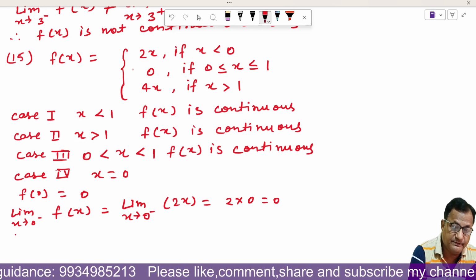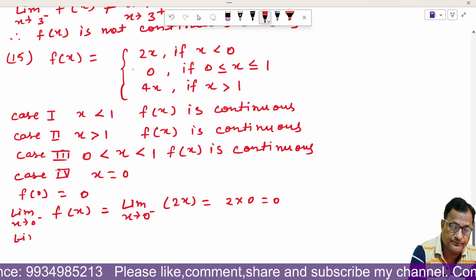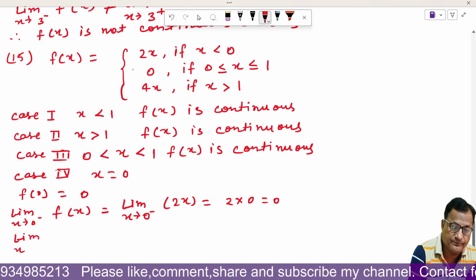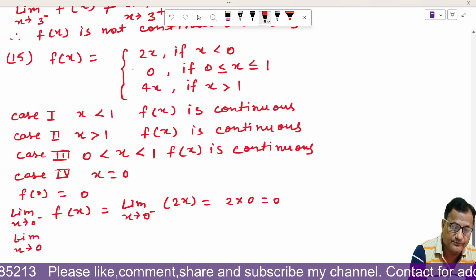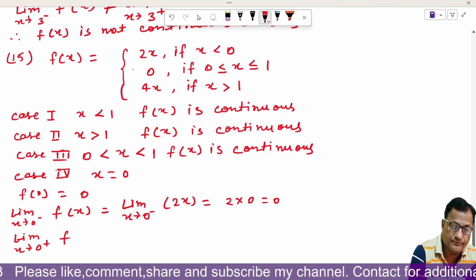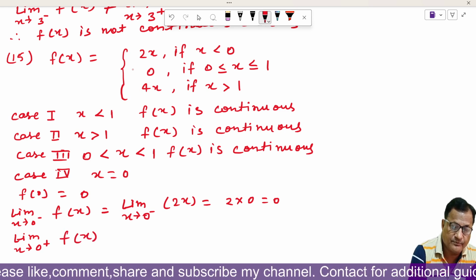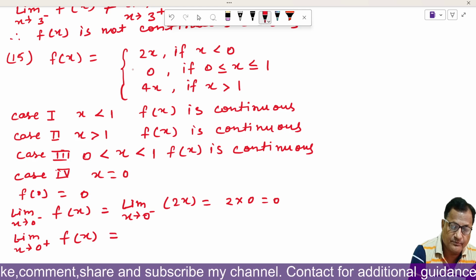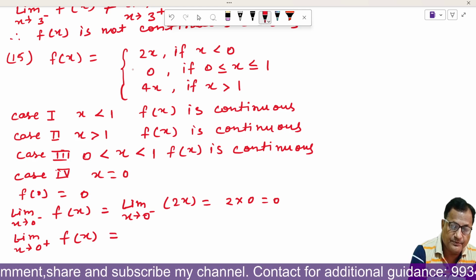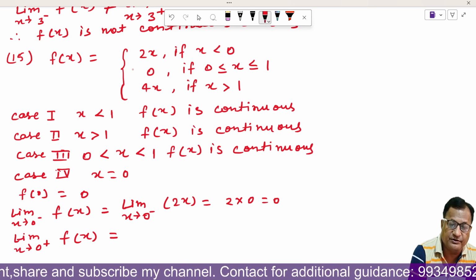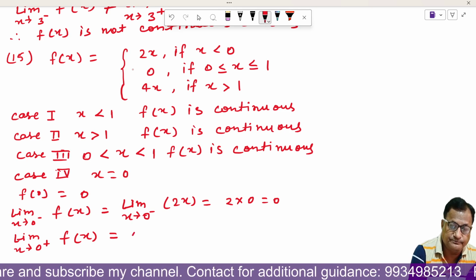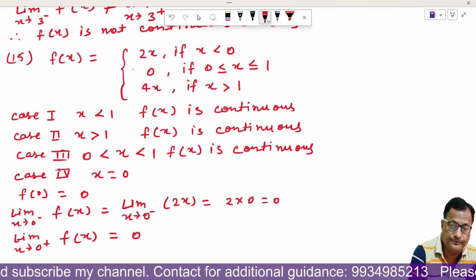Right hand limit, greater than 0. So greater than 0 will be 0.